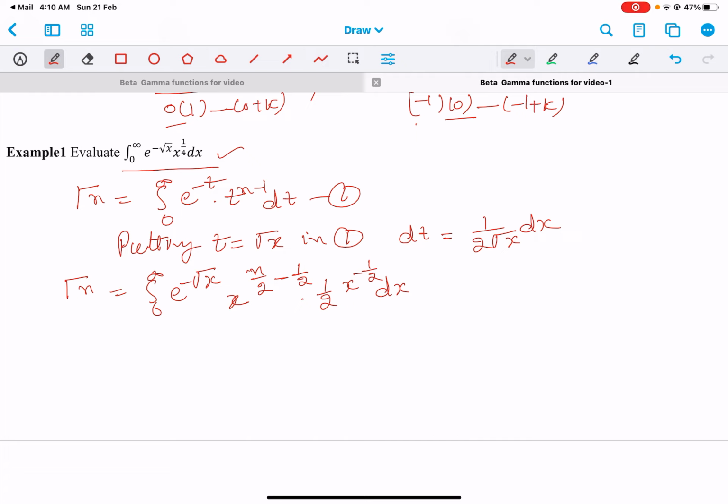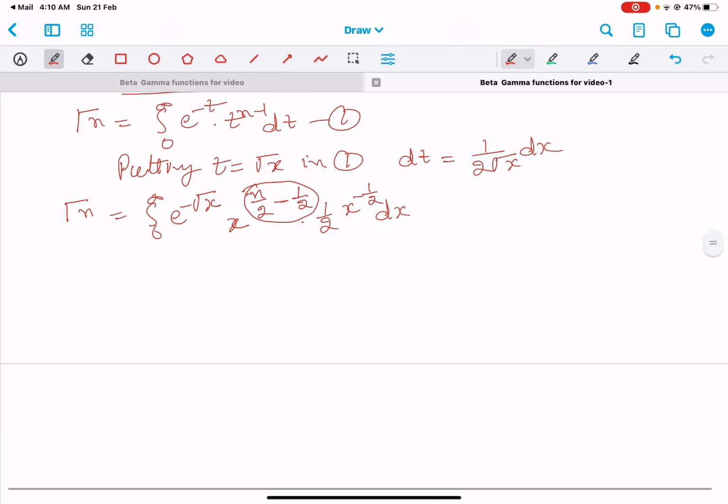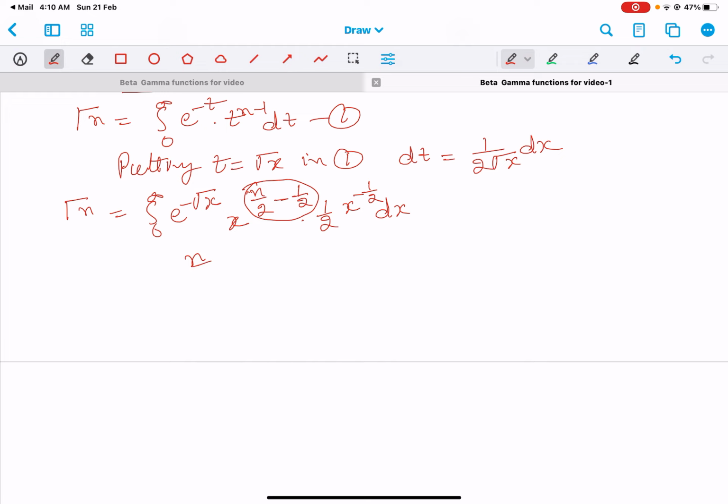So again comparing this term with our expression, I need to put n by 2 minus half equal to 1 by 4, which implies that n equal to 5 by 2.